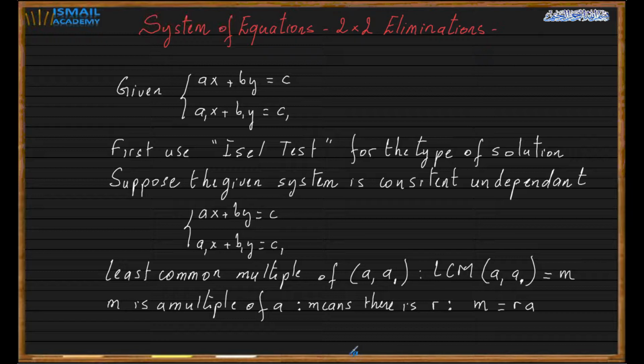I want to give you an example, but let me do the second case. M is a multiple of A1, which means again that there is another value such that M equals T times A1. Let me give you a short example, then I will move on to my elimination method.